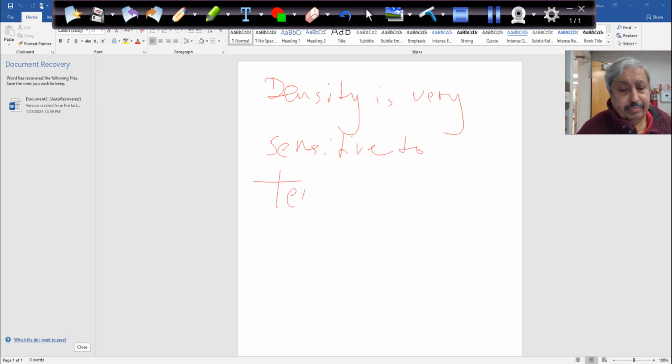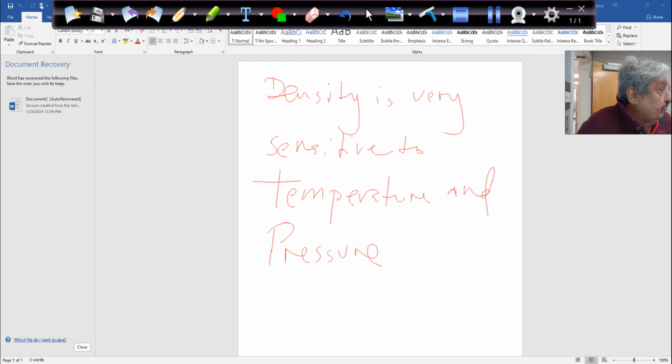Changing the pressure will change the density accordingly, because the mass will not change, but the volume changes with the pressure, correct? As you will see later in Boyle's law, volume and pressure are inversely proportional. And the temperature has an effect on the volume. So if the temperature and pressure change, the density will change, correct? So the density values are very sensitive to temperature and pressure.